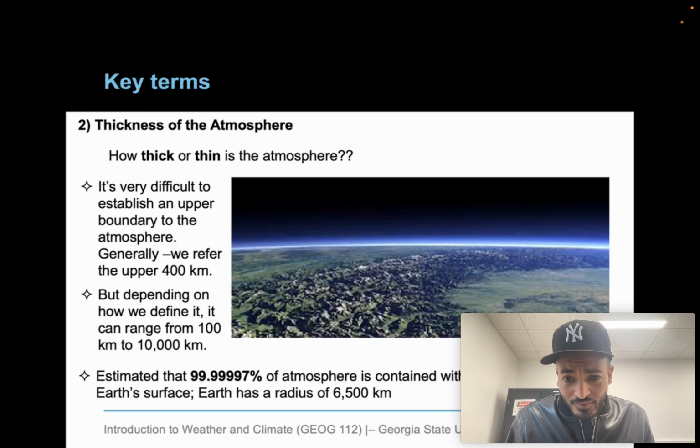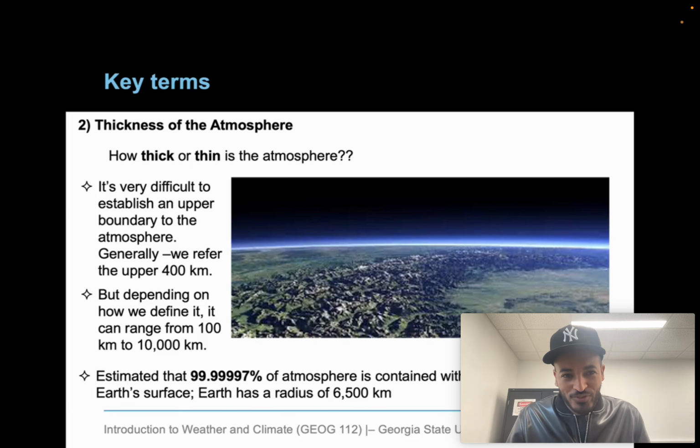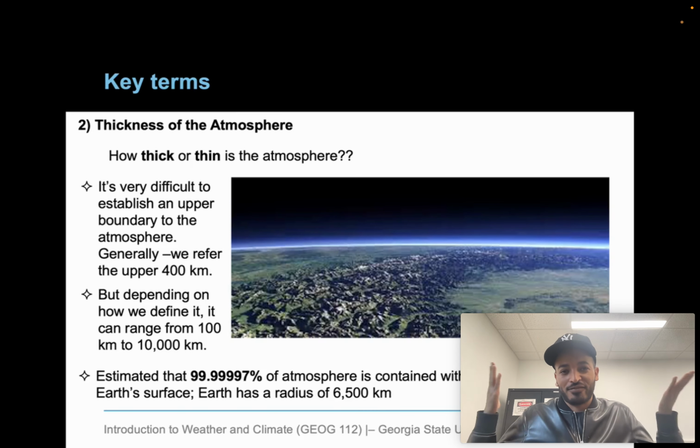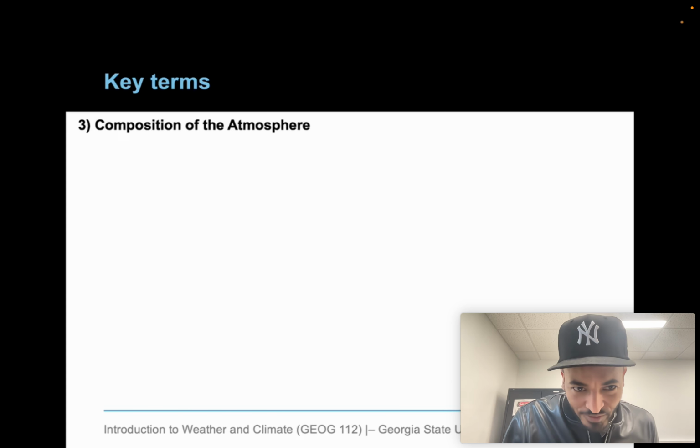If we take just the portion of the atmosphere that's fundamental to sustaining life on Earth, we could put the upper limit at 100 kilometers, where almost 99.9% of the atmosphere is contained within the first 100 kilometers. But broadly speaking, it's really hard to put a limit on the atmosphere.